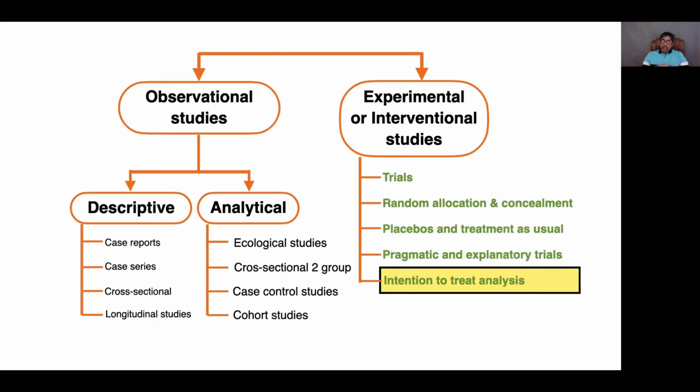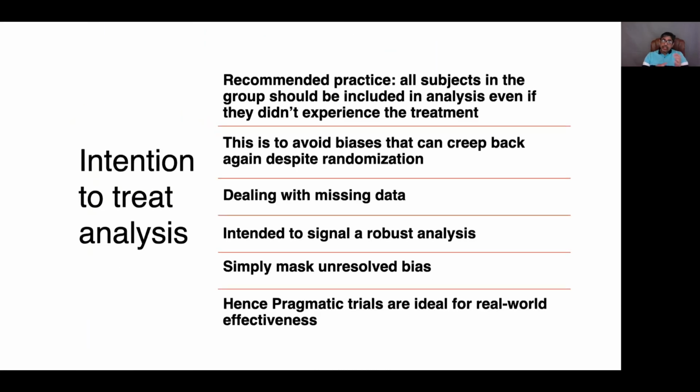Finally, we have to deal with dropouts and missing data. That's where intention to treat analysis came into existence. Here we deal mainly with missing data, and this is intended to do a robust analysis. This simply masks any unresolved bias.